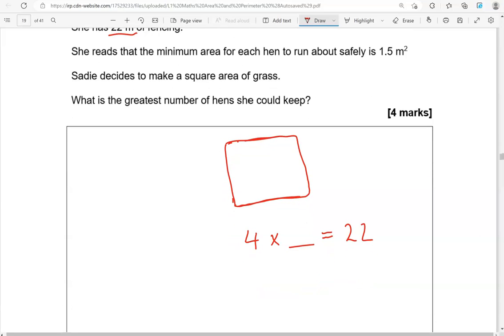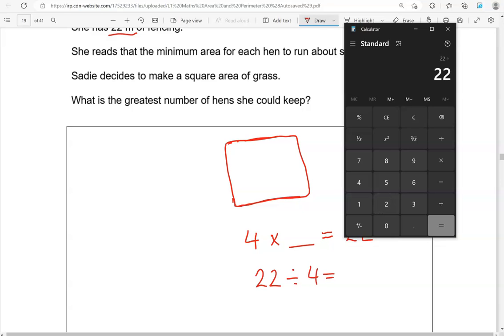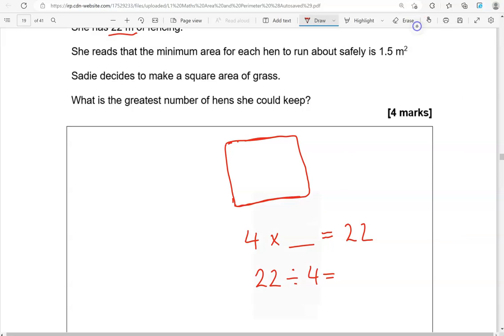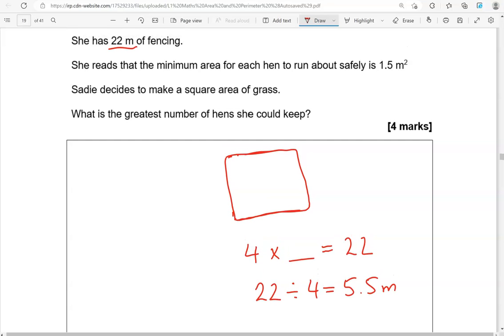So to work it out, we'll do 22 divided by 4, which is 5.5 meters. So the side length of the square is 5.5 meters.